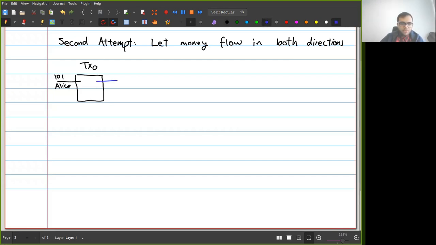And we had an output, and the condition to use this output was to have either a signature from Alice and also from Bob, or to just have a signature from Alice and the time is more than some amount t.